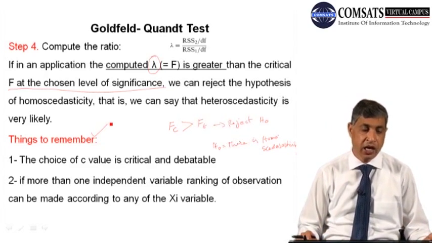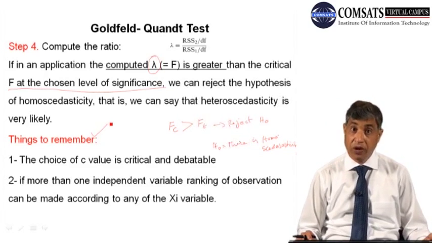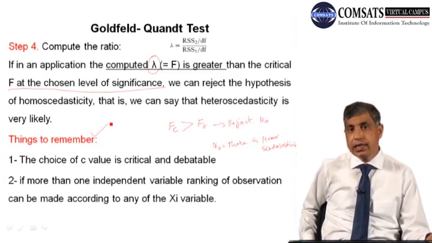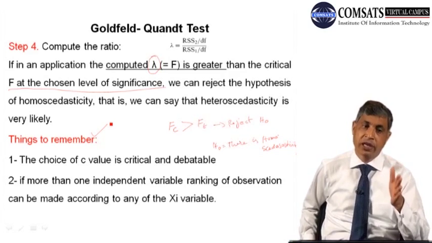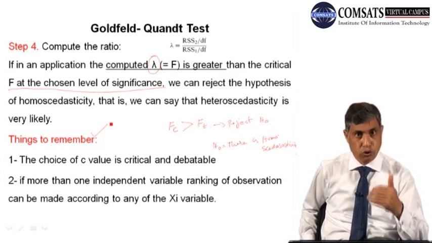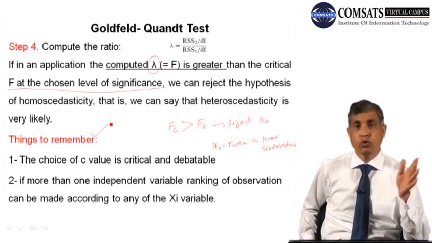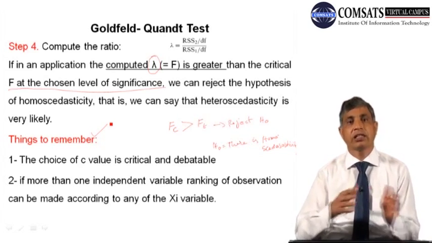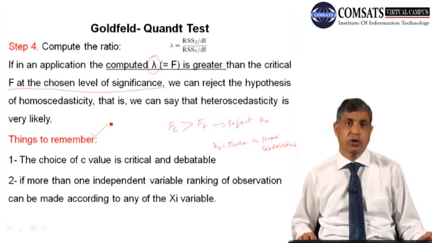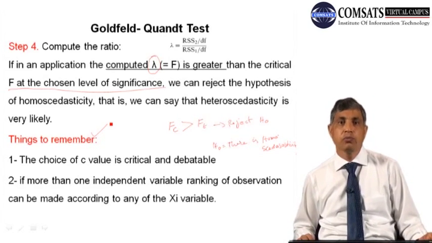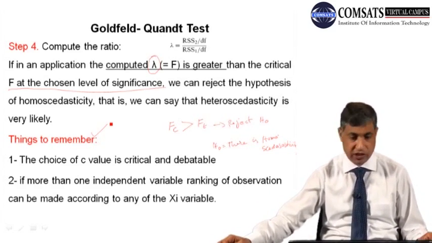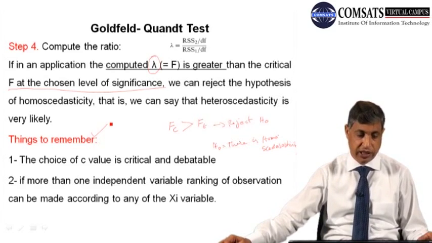That is very important. Something you have to remember is that the choice of the C value is critical and debatable. As I said in the beginning, we can't say how many observations we should omit from the center of the data: 1, 2, 3, 4. There is some proportional guess given by some people, that if n is equal to 30, most of the time we omit 4 or 5 observations from the center.